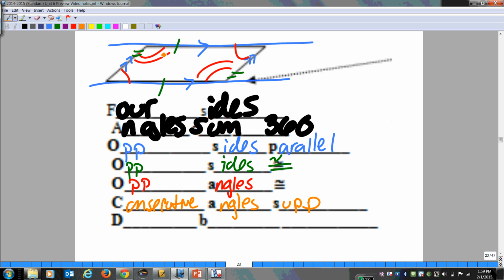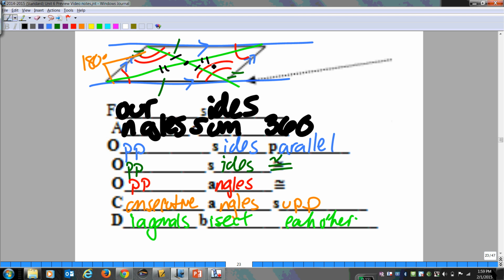Consecutive angles are supplementary, which means angles that are next to each other add up to 180. And the diagonals cut each other in half. They go through each other's midpoints. Now, these are the OCD qualities of a parallelogram.